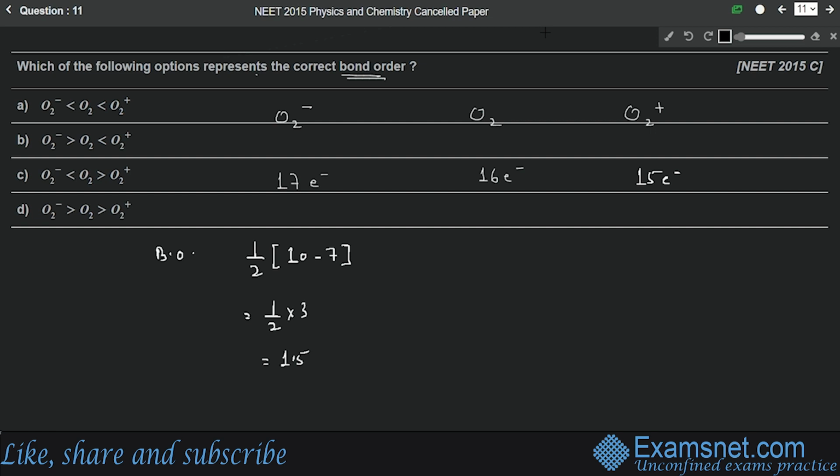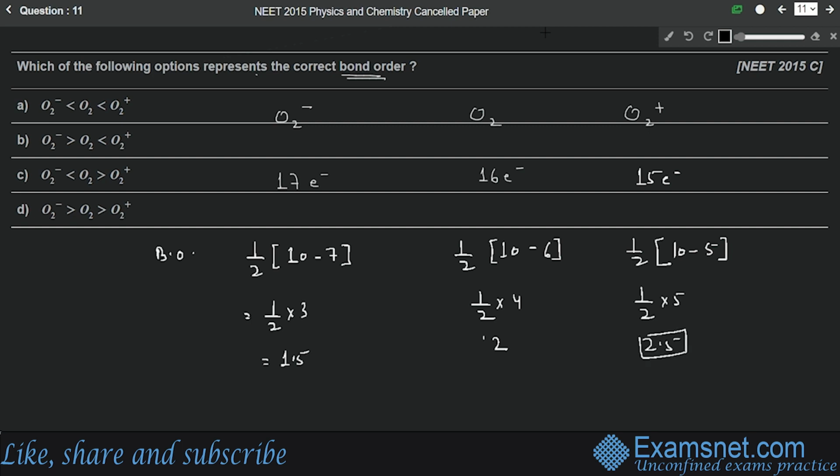Now in O2, the number of electrons in bonding molecular orbitals will be the same, that is 10, and that in anti-bonding will be 6. So it is half into 4, that means 2. And in O2 plus, half the number of electrons in bonding molecular orbitals 10, minus that in anti-bonding, which will be 5. So half into 5, that means 2.5.